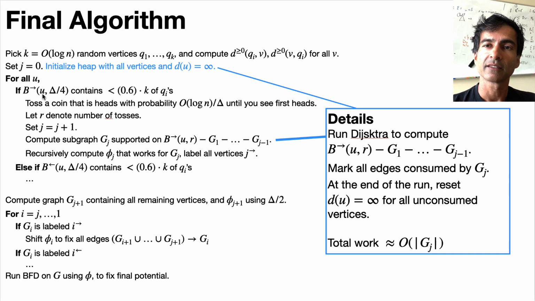But that can be done. Once you find the vertices you're working with, you take them out and you restore the heap by just looking at the edges that come out of that graph and cross, and fix the d values in the heap in that way. So that only takes time that's proportional to the size of the graph that you're working with in this step.